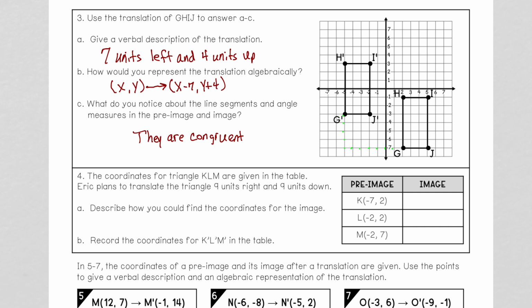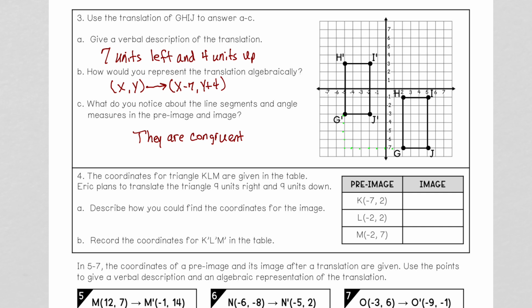If they're not congruent, then if we didn't preserve congruency, then we didn't move it correctly. So that's how we know that they are the same shape, same size.